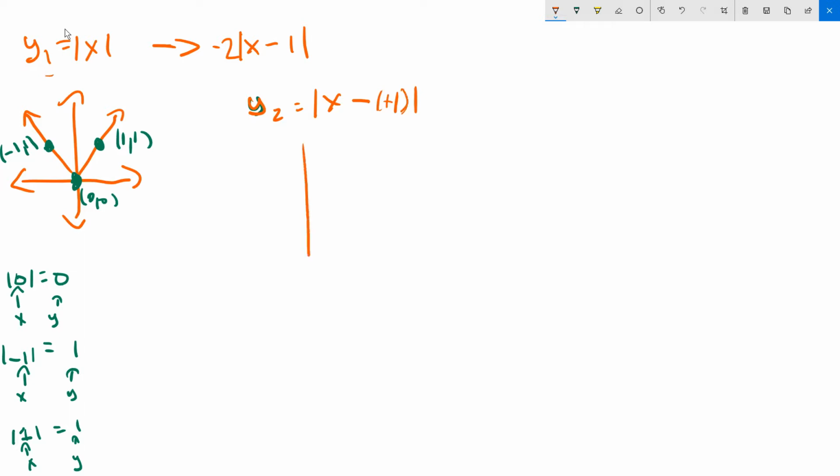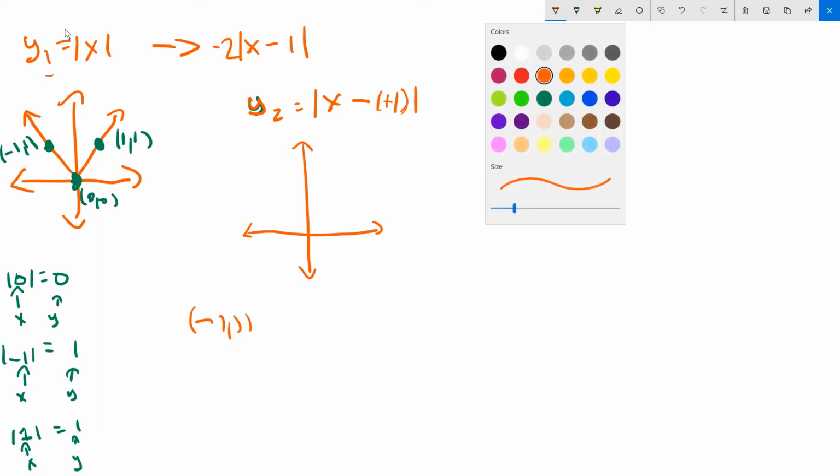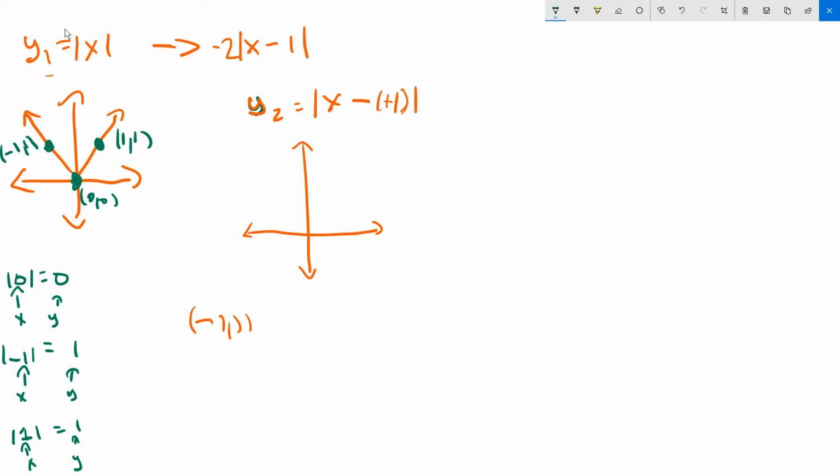So I'm going to draw my graph. And remember what the transformation says. The transformation says add 1 to each x-coordinate. It also means do not change the y-coordinate. It means both of those things. So I take my basic point -1, 1 over here, and I'm going to transform it so now it looks like this. I'm going to use some color coding here because I want to make sure I understand everything.